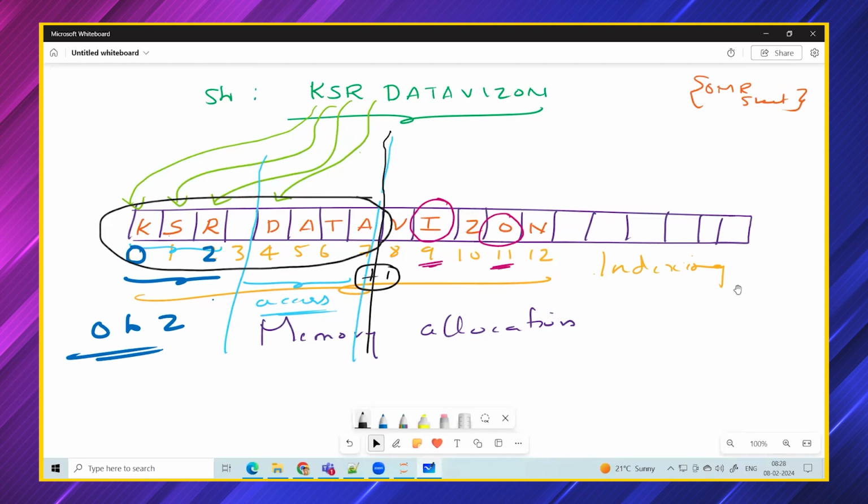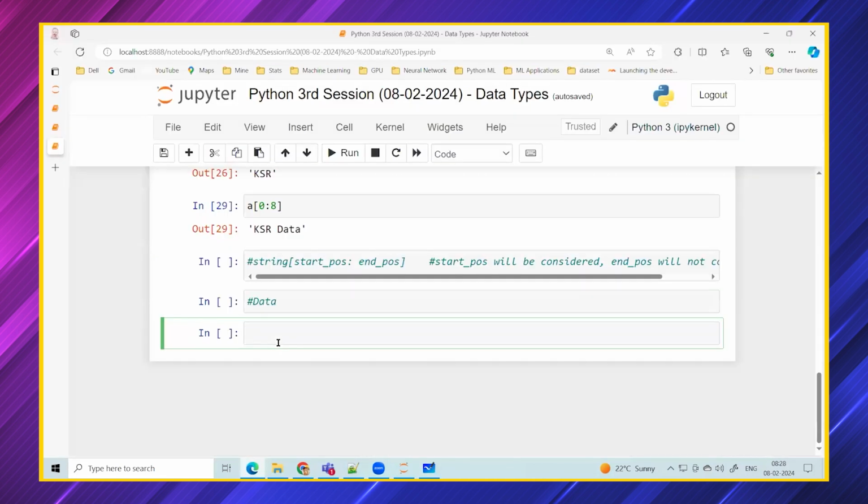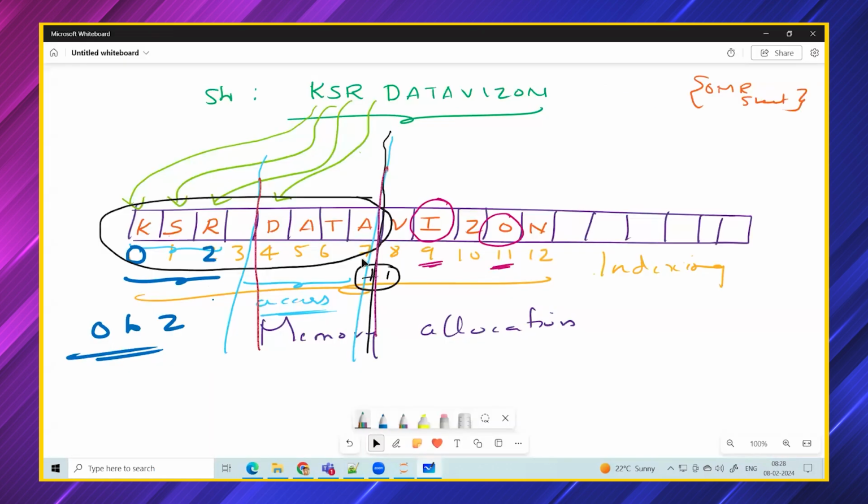Now, if I want to access only this, 4 and 8. Start from 4 and end at 8. Are you sure? Yes, sir. Okay. A of 4 and it is 8. Why 8? It should be 7, right?